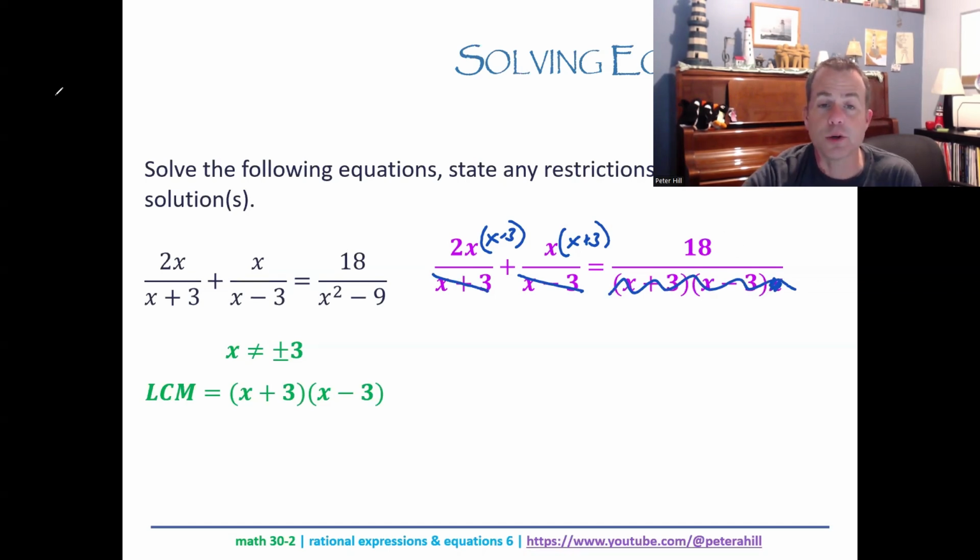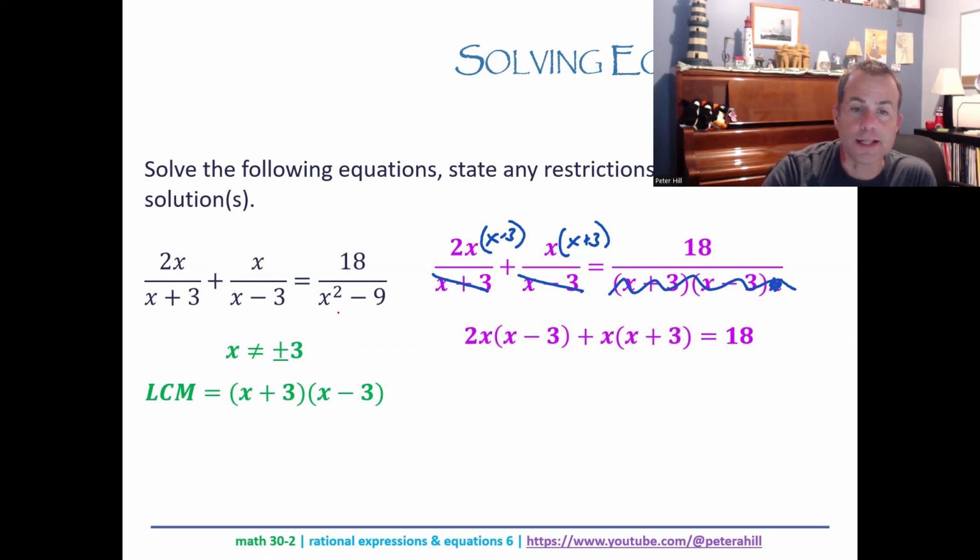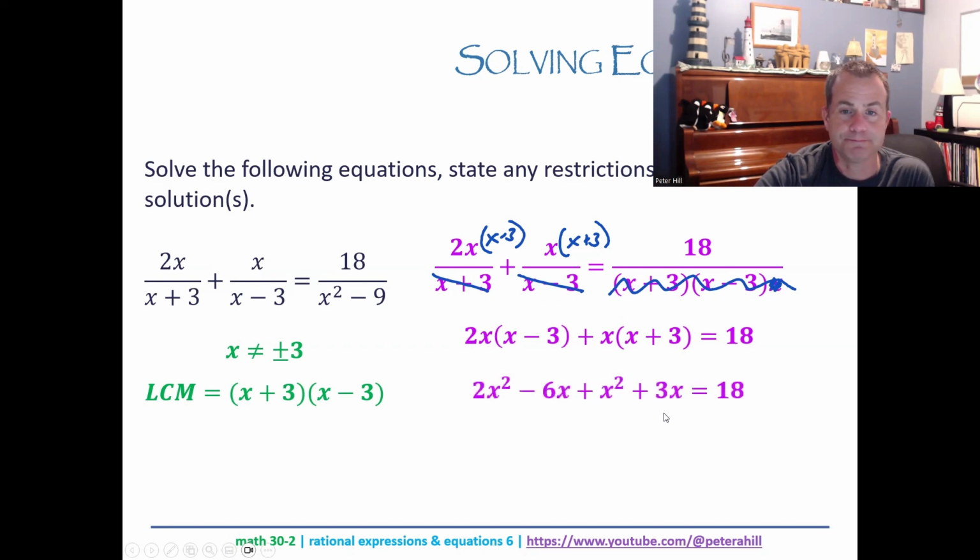So when I go ahead and do that, I end up with this statement, which is sort of what I just wrote up there, right? Okay, so that's going to give me, I have to distribute the 2x and distribute the x. So that'll be 2x squared minus 6x plus x squared plus 3x equals 18.